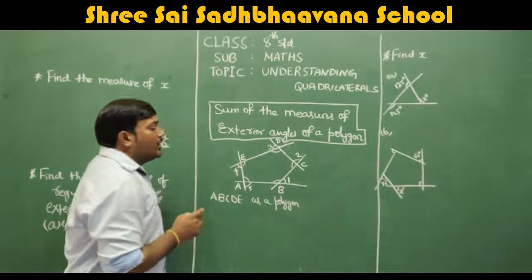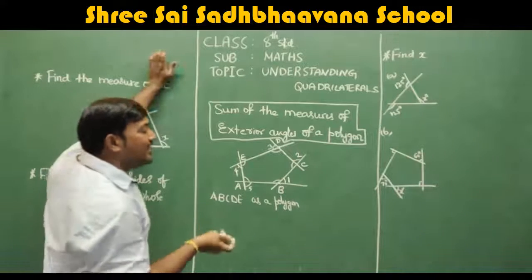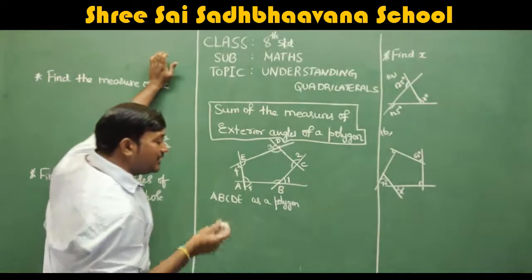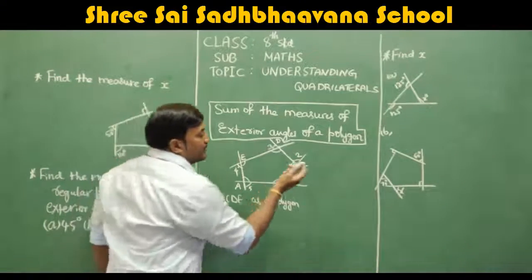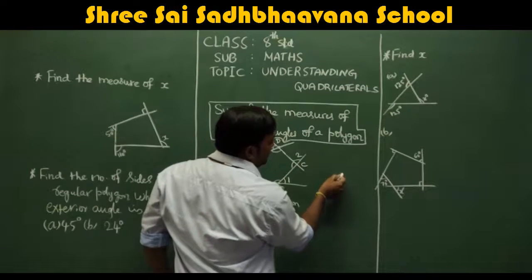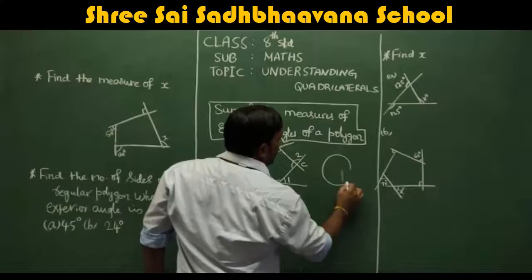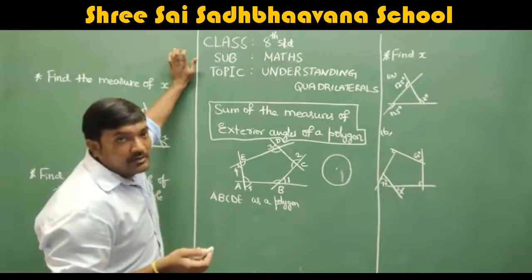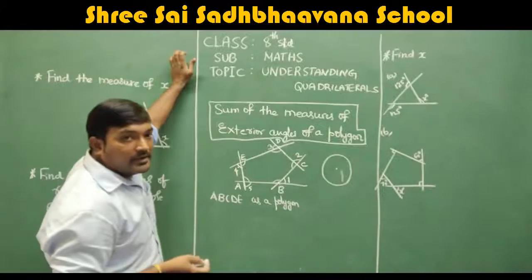So now, how can we say that the sum of the exterior angles of a polygon is 360? See, for example, a circle, all of you know a circle, right? Let me take an example of a circle, or your clock. You have a wall clock in your home, right?